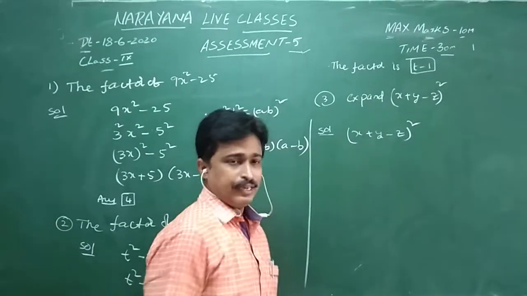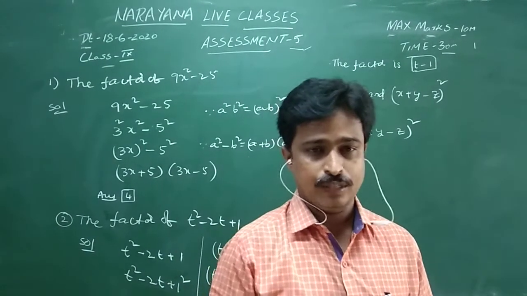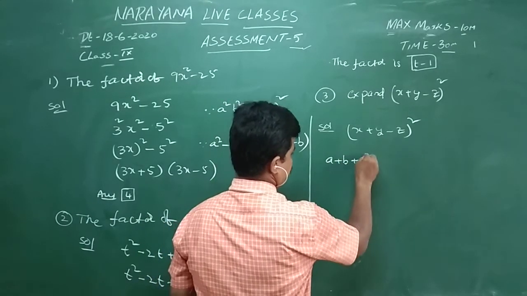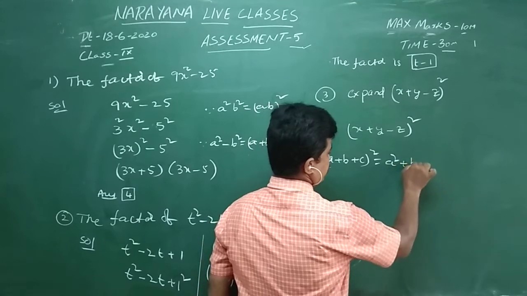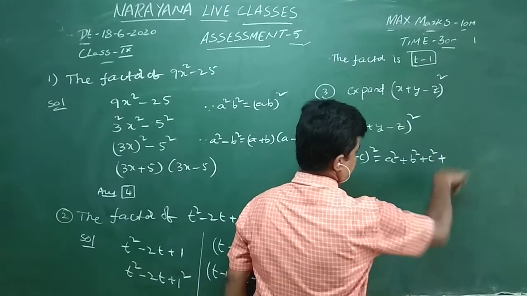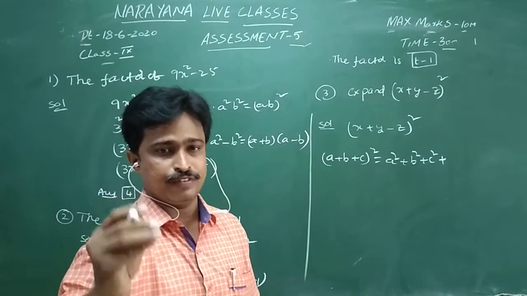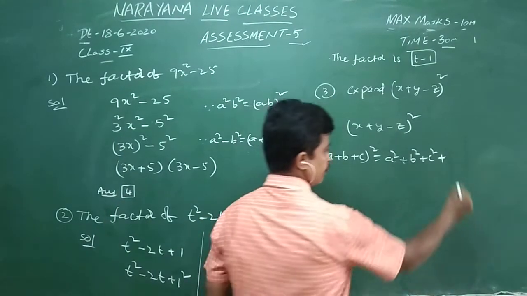Already we know the formula: a plus b plus c whole square is equal to a square plus b square plus c square plus 2ab plus 2bc plus 2ca.